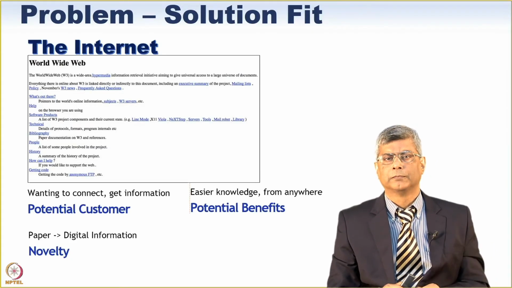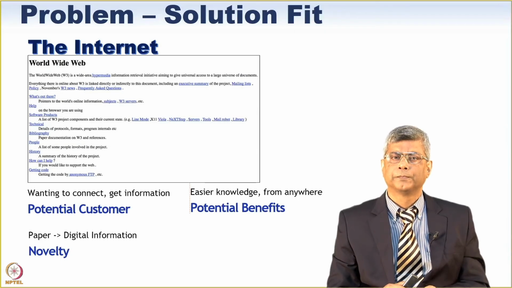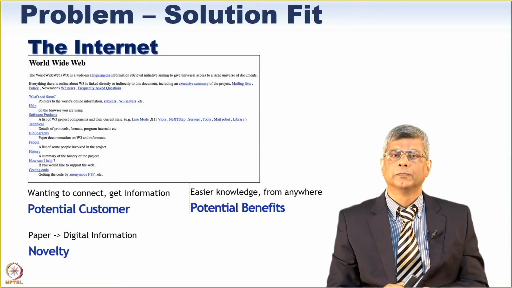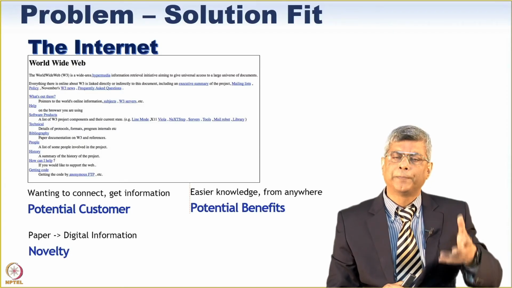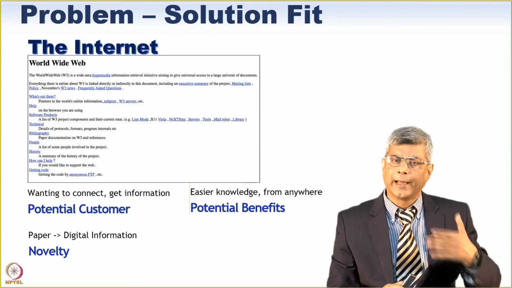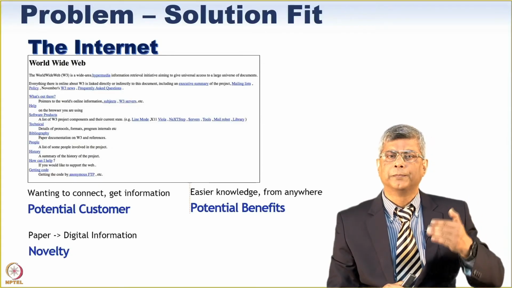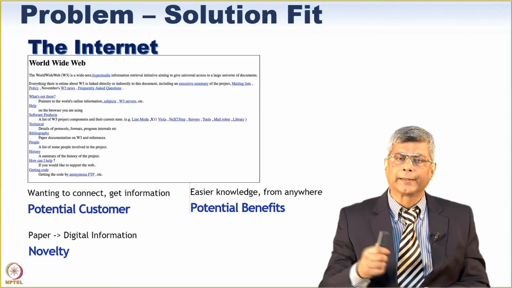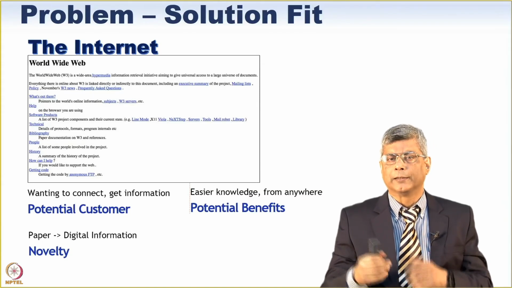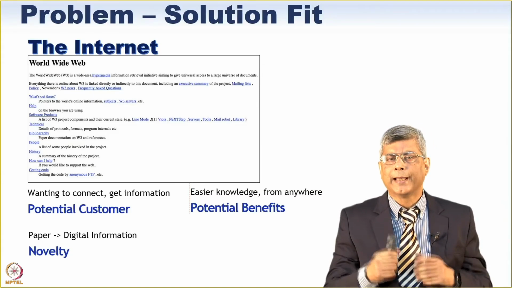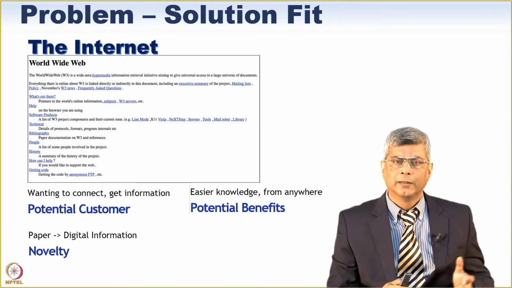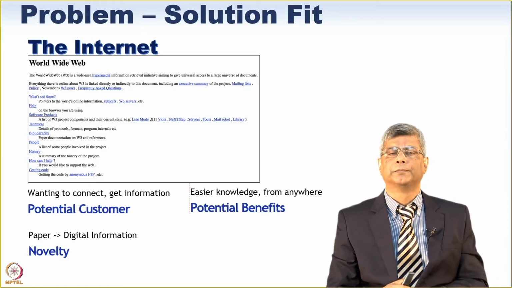Social media, or WhatsApp, or connect to a course like this, or connect to an OTT platform like Netflix, or connect to an e-commerce platform like Amazon or Flipkart or Myntra, or connect to a hotel app or a booking app. So anybody who wants to connect is a potential customer.